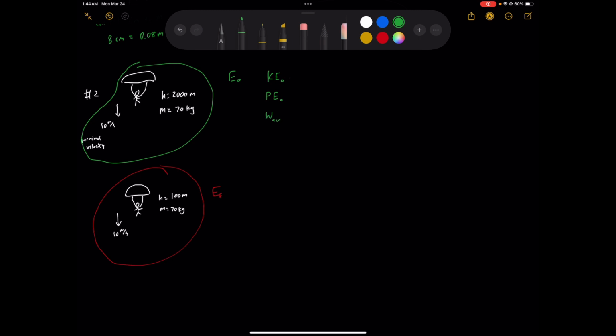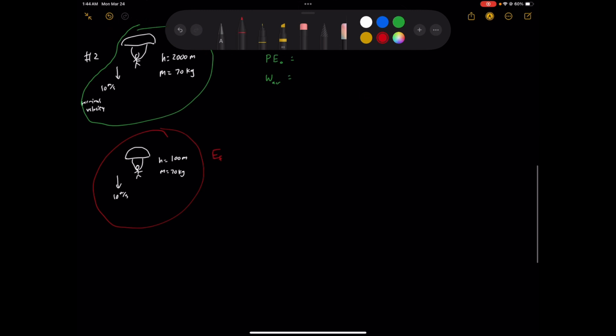What does that equal? We have to calculate it. And for the final energy, we know that it's going to be just kinetic and potential.